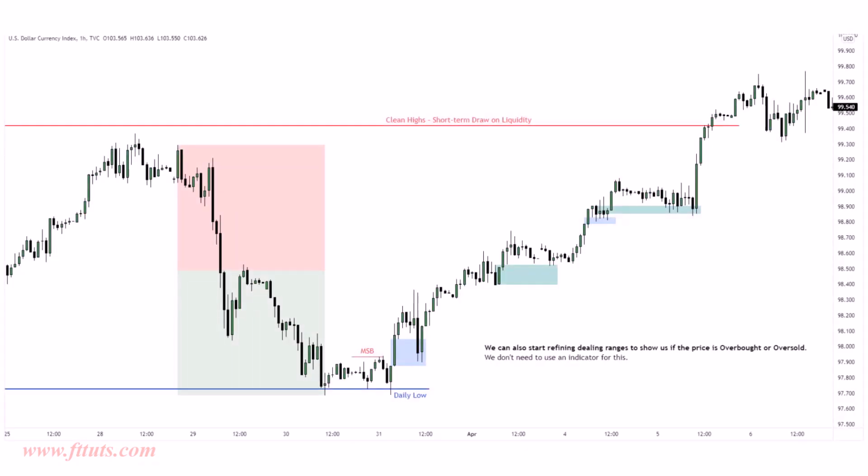We can also start refining dealing ranges to show us if the price is overbought or oversold, and we don't need to use an indicator for this. So the clear dealing range is here, from this high to this low, and you can see we're in the discount compared to this higher range.